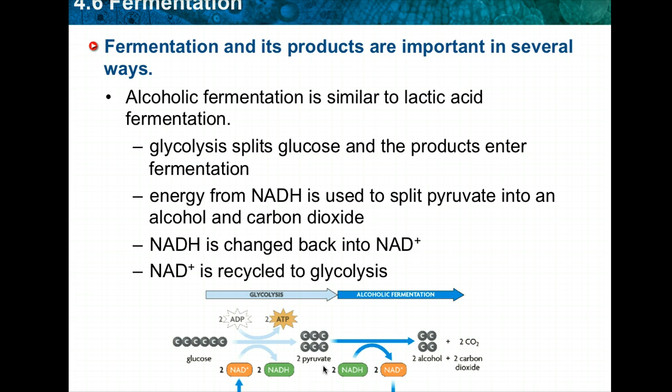If you were to write an equation of alcoholic fermentation after glycolysis, you would write pyruvic acid plus NADH, and then this little arrow, also known as yields. So your reactants are pyruvic acid plus NADH, and it yields alcohol plus carbon dioxide, or CO2, plus NAD. Here our reactants are right here, and our products are these three things. So make sure that equation is in your book.